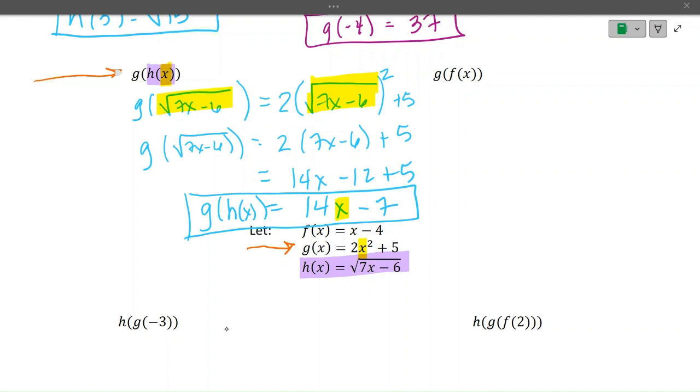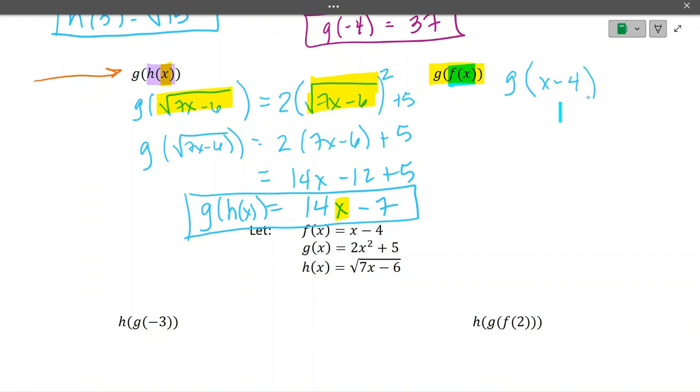This equation, g of f of x, this one that we're working on right now, we're going to handle it the same way, except we're looking at f of x first. So everywhere I see f of x, I'm going to be plugging it in here. I'm going to start by saying I have g of, and here's my f of x, x minus 4.